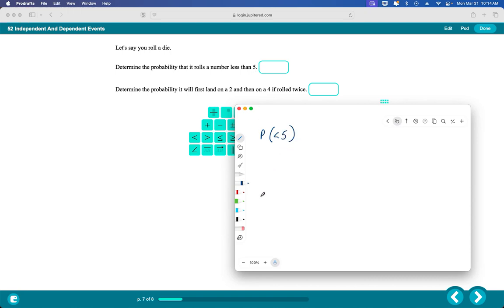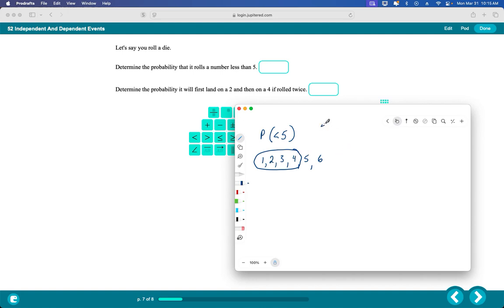So first of all, let's look at all the possible outcomes. It could land on a 1, a 2, a 3, a 4, a 5, or a 6, right? All of the options that we want are less than 5. So that's these. There are 4 of them.